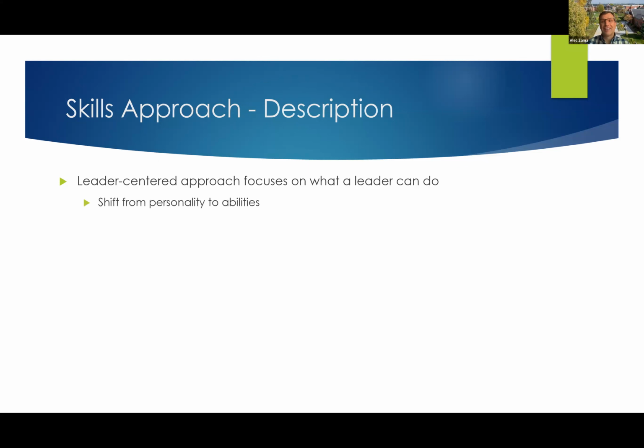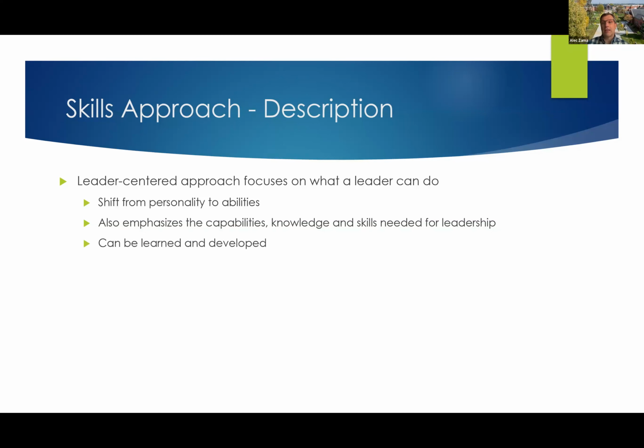On the other hand, it differs from the trait approach in that we shift from the personality of the leader that we discussed in the trait approach to leadership to the abilities of the leader. It emphasizes the capabilities, in other words, the knowledge and skills that are needed for leadership. And the difference, again, between the trait approach and the skills approach is that skills can be learned and developed.